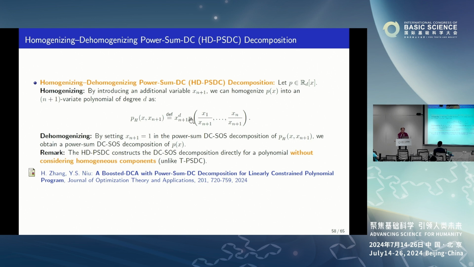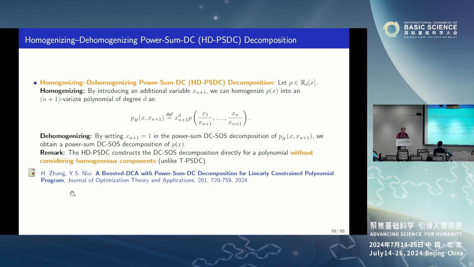Once we get the decomposition, we can just set this variable to be 1 to dehomogenize. So just one step, homogenize and dehomogenize, and you get the decomposition. This is the second case of the detailed decomposition techniques developed in this field.